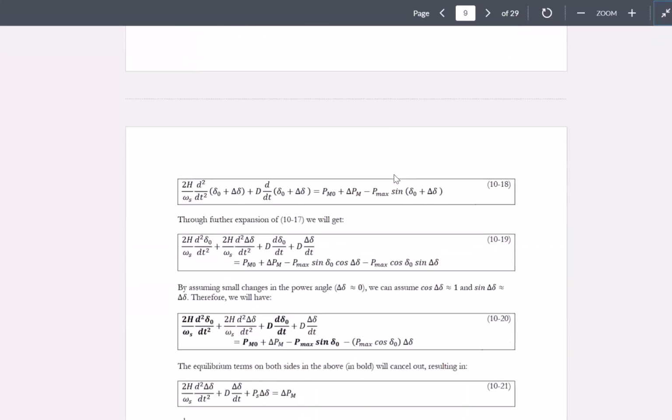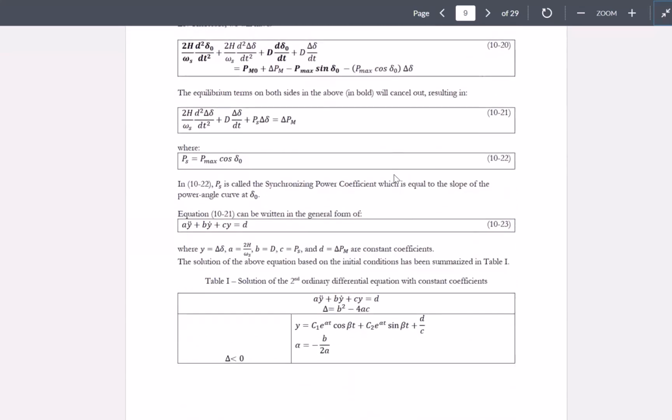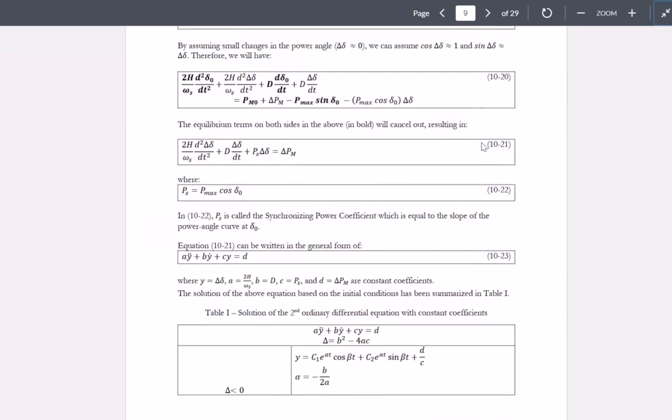So once you do that, you can come up with a swing equation, which is shown in equation 10.21. And it talks about the changes over time of delta delta, not delta directly. Delta delta would be the changes around delta 0 under steady state conditions.